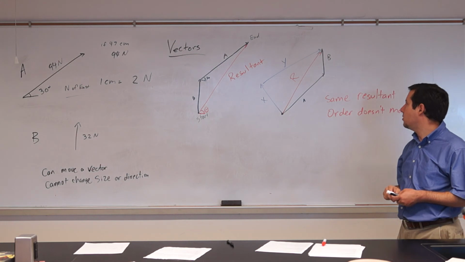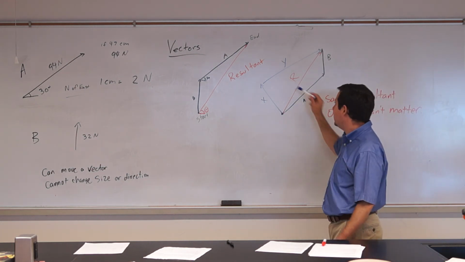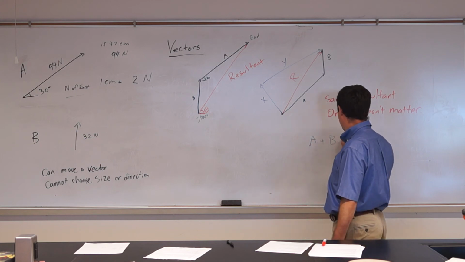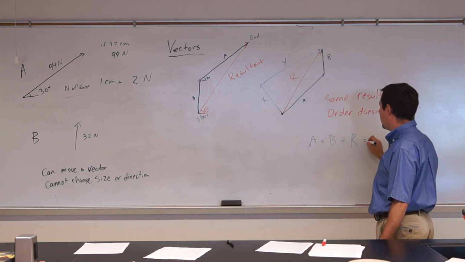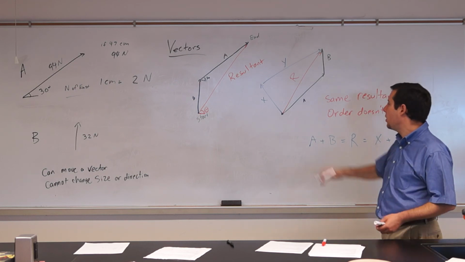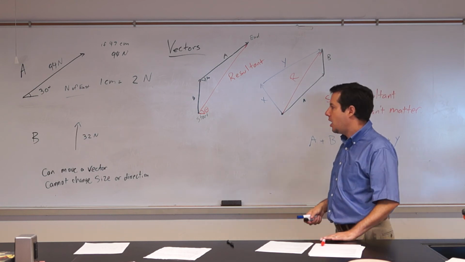They give me the same resultant. So A plus B equals X plus Y equals R. So A plus B is going to equal your resultant, but it's also equal to X plus Y in this case. Or you could rearrange it and get different ones.